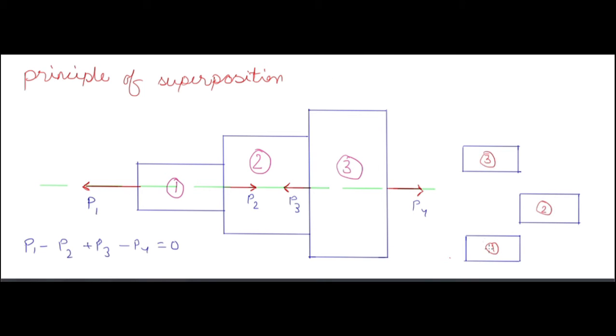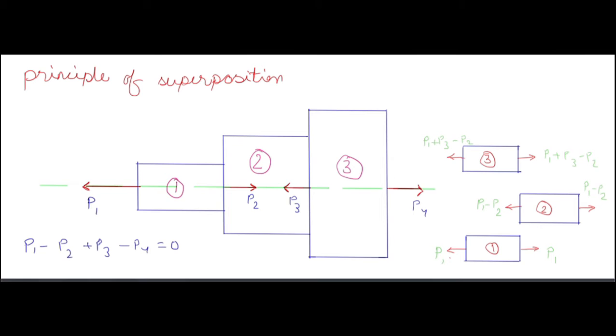Now you can see that P1, P2, P3 and P4 are the various forces acting on that whole bar. So how do we compute the elongation in this bar? The elongation is computed from the elongation of the different cross sections, and to find that we have to know which forces are acting on each cross section.